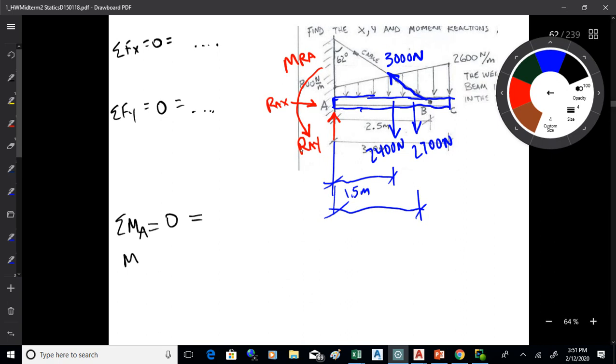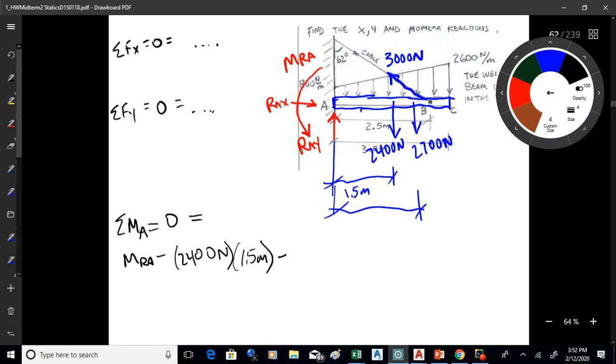We're going to have MRA, right? Now I've drawn that counterclockwise, so that'll be positive. And then I've got minus 2,400 newtons times 1.5 meters.